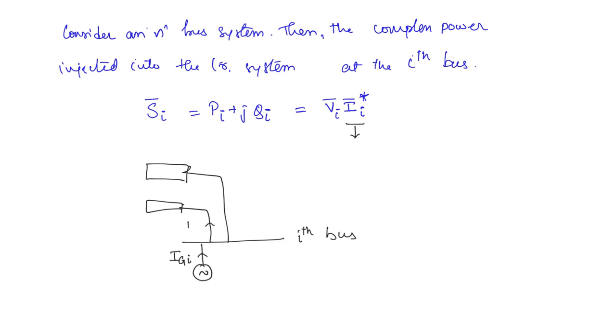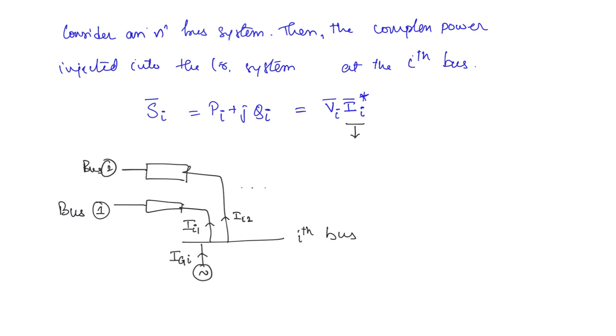So let us say this is Ii1, that is the current from the ith bus to the first bus, bus 1, and similarly the current from the ith bus to the second bus, that we take as Ii2.